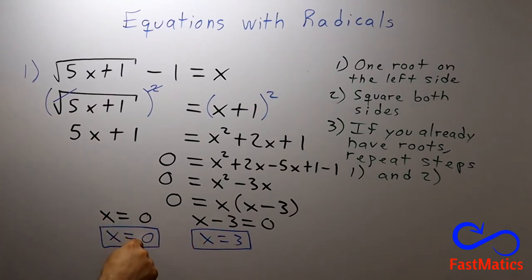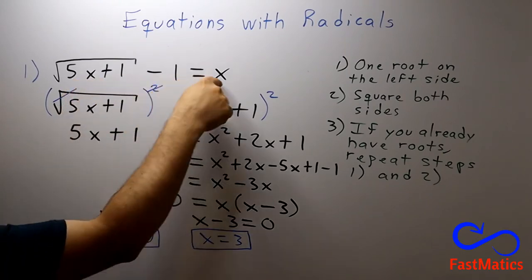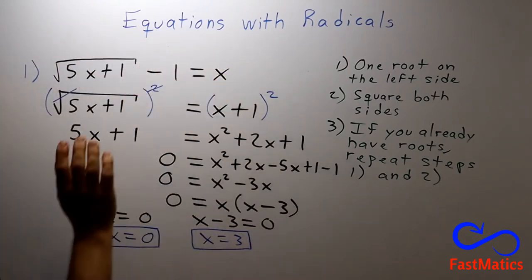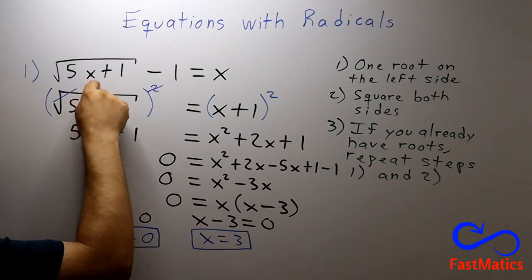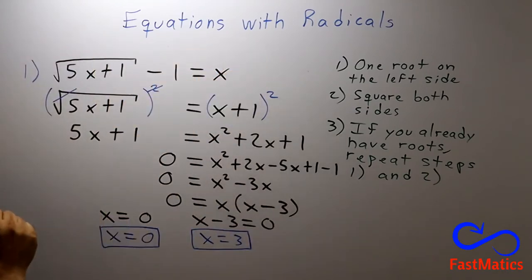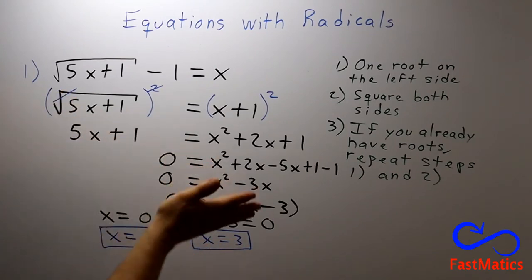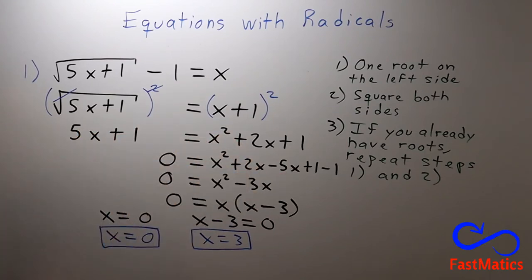So you replace the 0 here and you will see that it is true. You replace the 3 here and you will see that it is true. If you had solutions that are not true, you could say this equation has no solution. Or maybe one solution is correct, but the other solution is not correct.